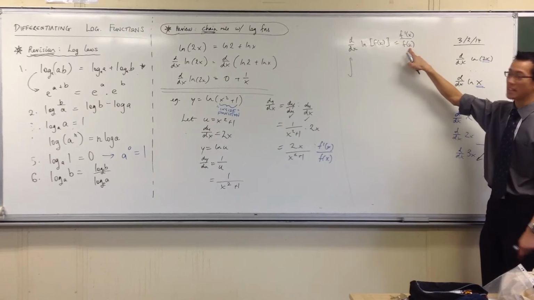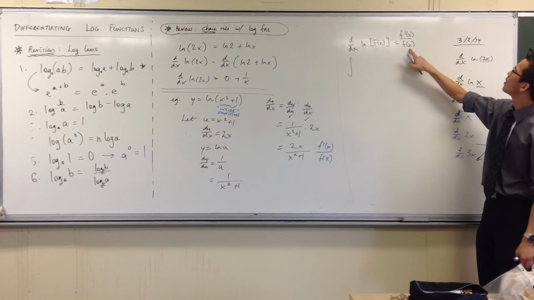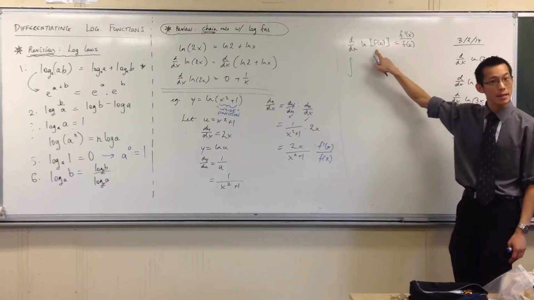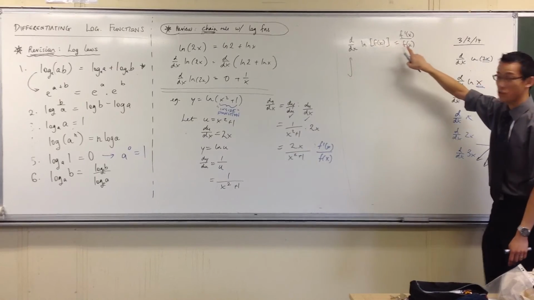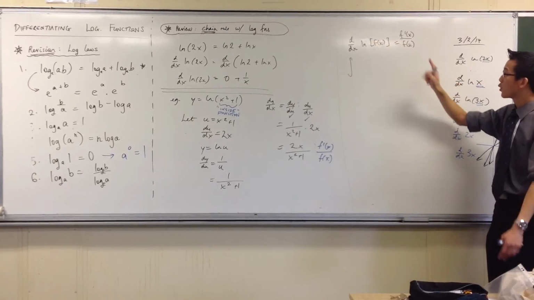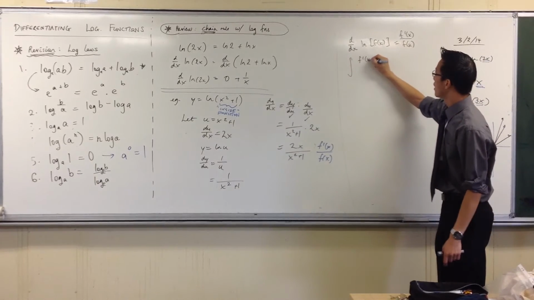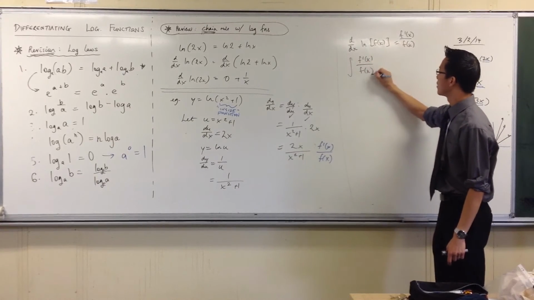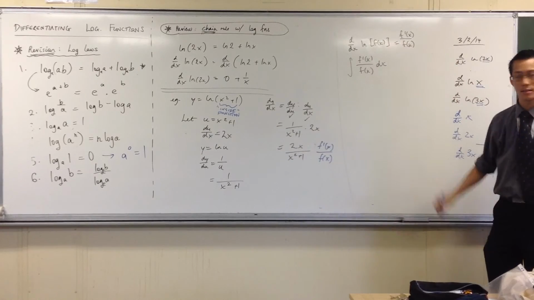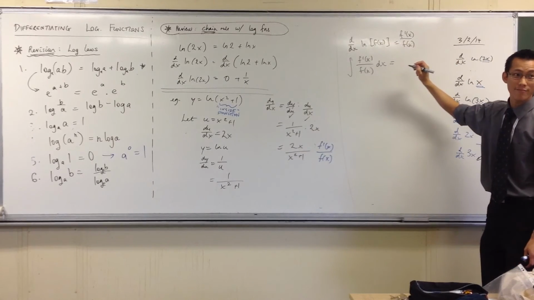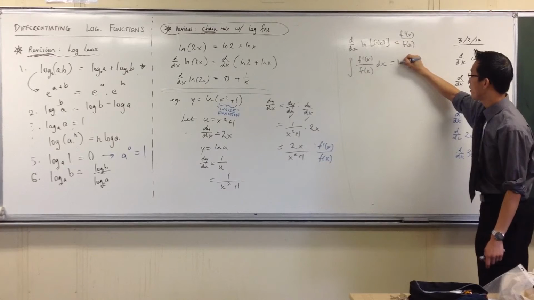This is, if you like, the primitive. This is where it came from, and this is what you ended up with as the derivative. So if I just integrate both sides with respect to x, that's this part, f dash on f, with respect to x, what am I going to get on the other side? Log of f.